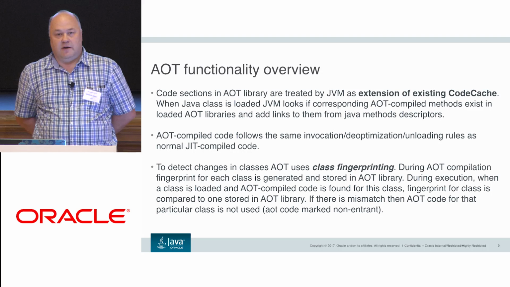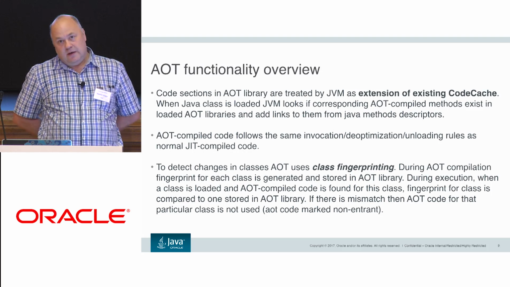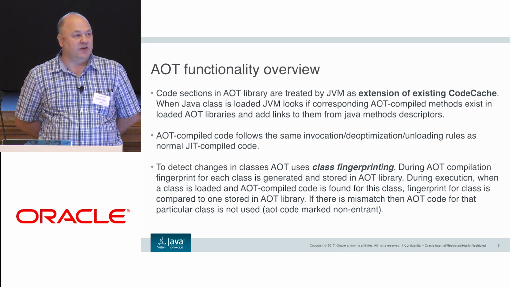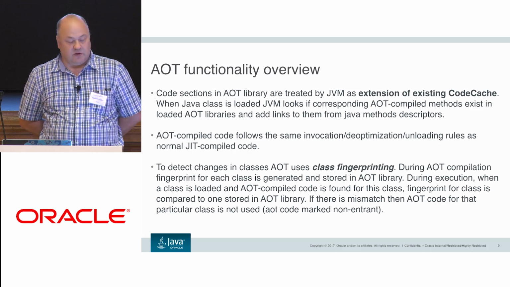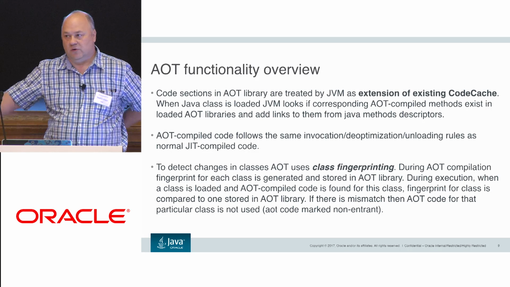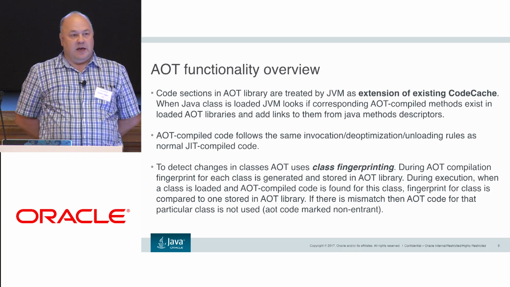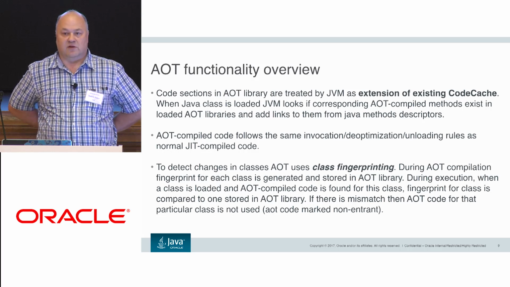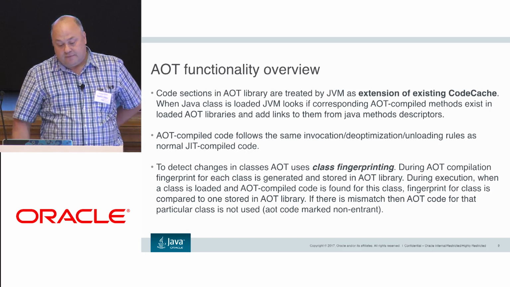In more detail: when an AOT library is loaded, code is not moved. The code section of the loaded AOT library is treated as additional code cache heaps, and when we traverse the code for a method, we traverse all these code heaps. AOT code follows the same invocation, deoptimization, and unloading rules as normal JIT-compiled code.